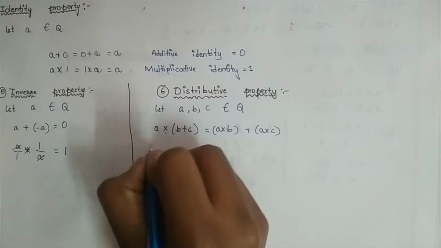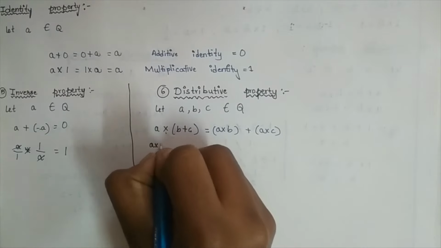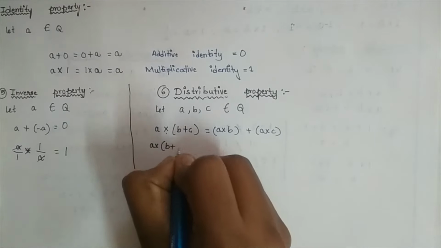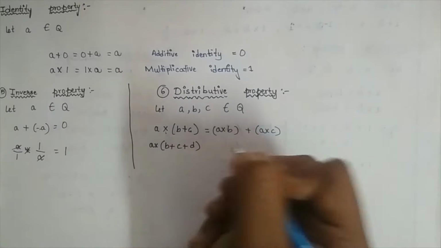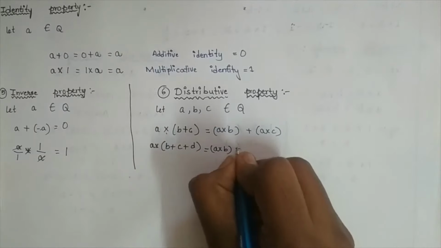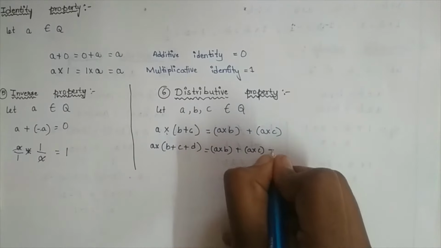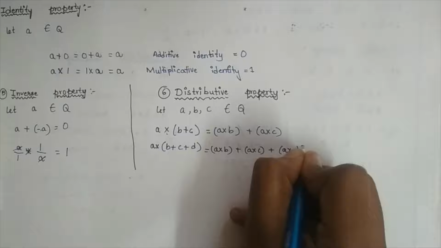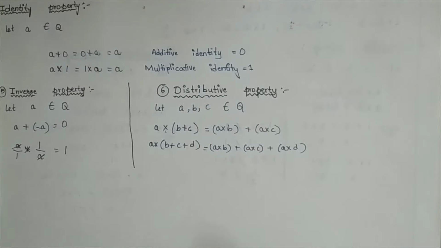So we can take as many as we want. a into (b plus c plus d), we can do it. How? It means a into b plus a into c plus a into d. In the same way you can add another.